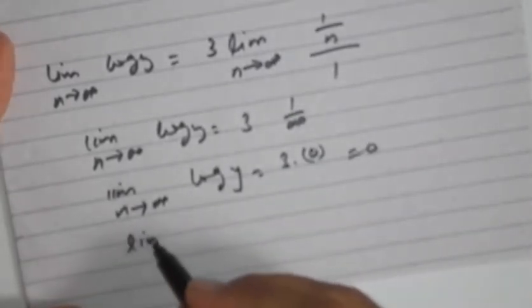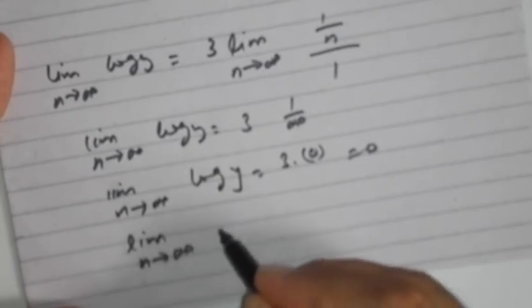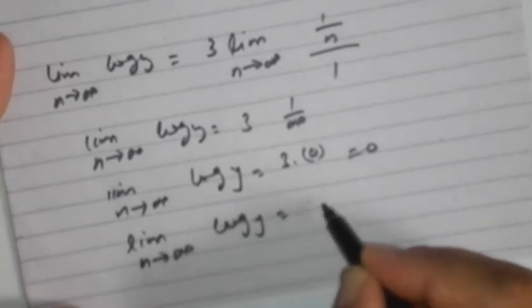So we get limit n tends to infinity log y equals 0.